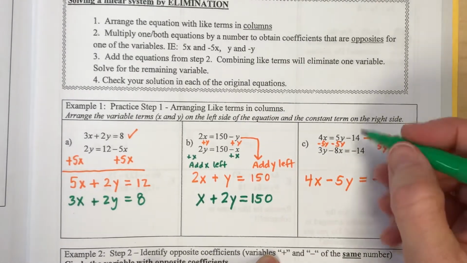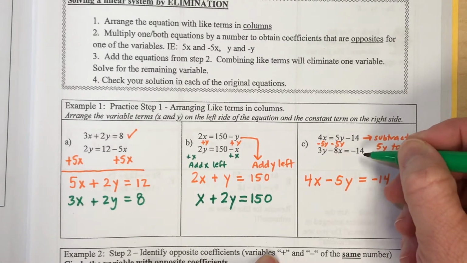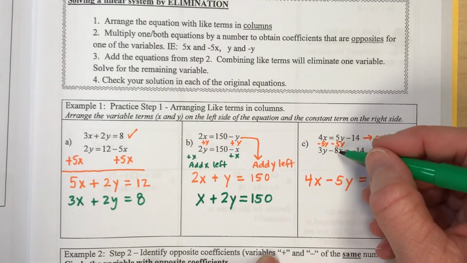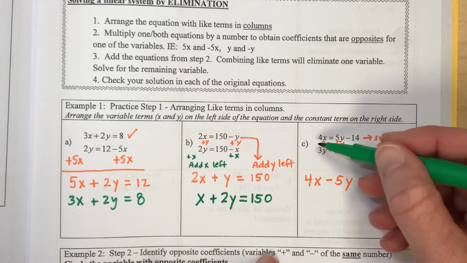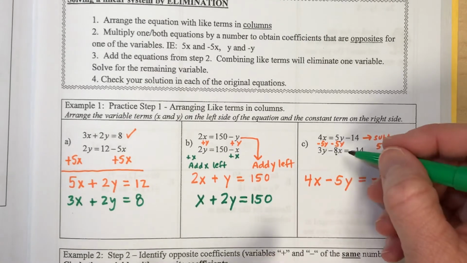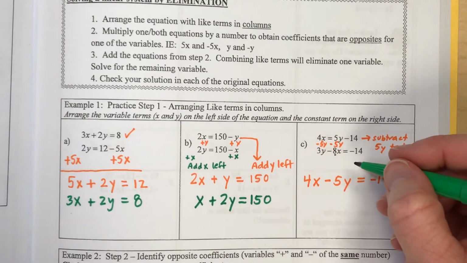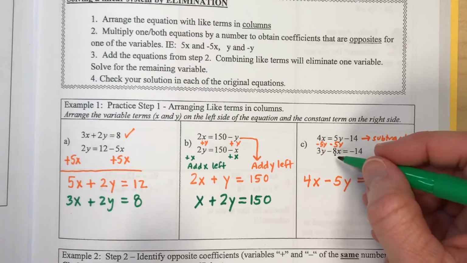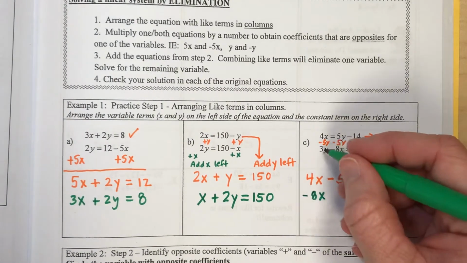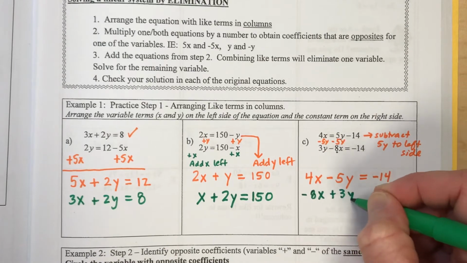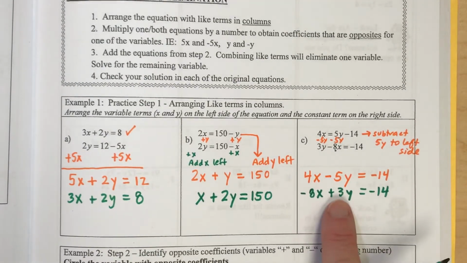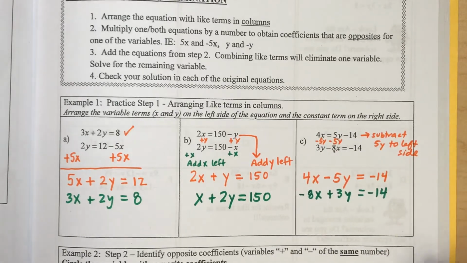And then for this equation, I actually already have standard form. There's nothing I need to do except put my x in the front and my y second. So I'm just going to rearrange these two terms. I'm not moving it to the other side of the equal sign. I'm just going to put my negative 8 first, followed by the 3y, and then followed by the negative 14. And so I just rearranged those two terms there for letter C.